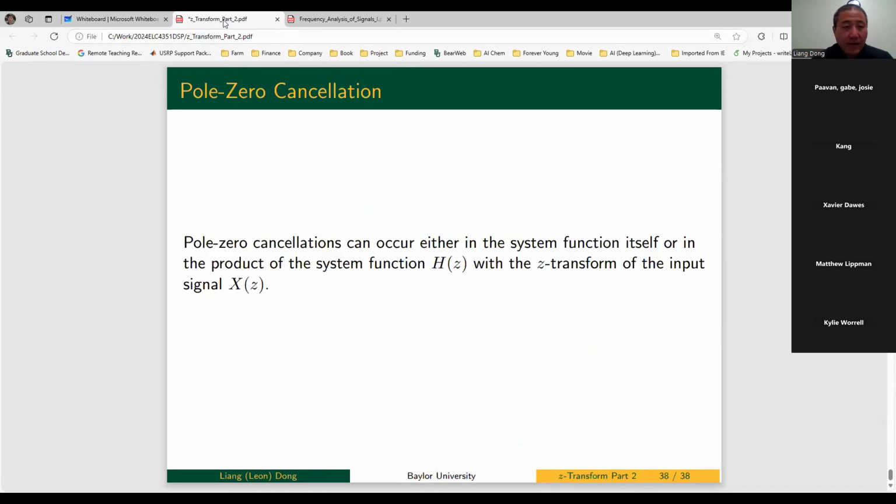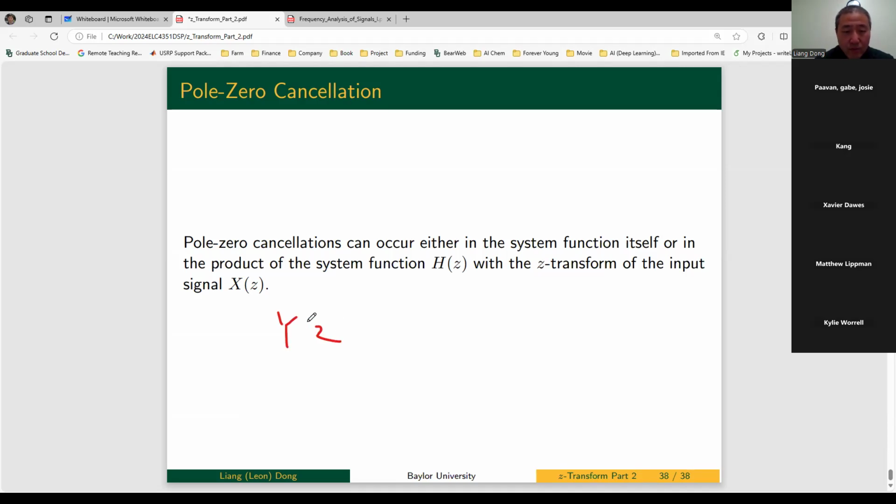Lastly, I just want to mention there is a process called pole-zero cancellation. As we see, we can transform the system function into the Z domain, capital H(z). We can also transform the input signal into the Z domain with capital X(z). And you multiply these together to give me Y(z), right?